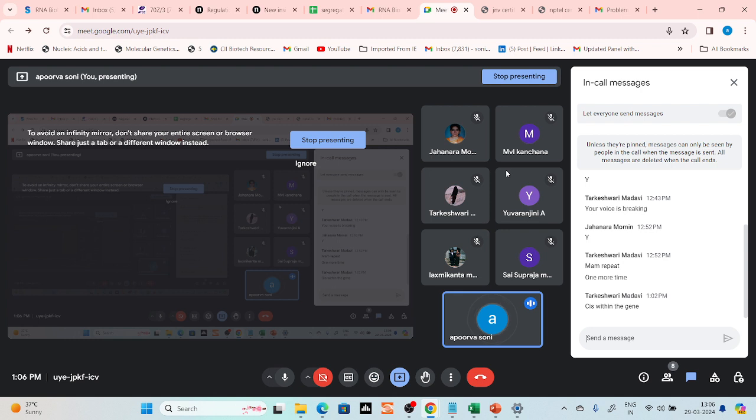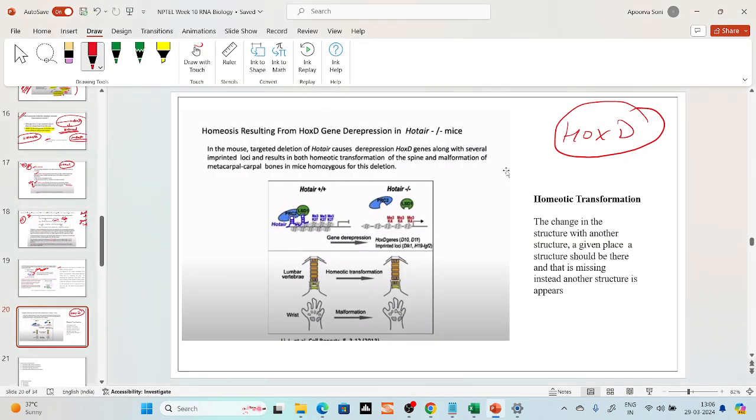Keshwari, you have told it completely correct that cis is within the gene. Correct. Now tell me, this question is for everybody, if the HOTAIR long non-coding RNA is knocked out, what will be the consequence? What will be the result of this? What will happen?